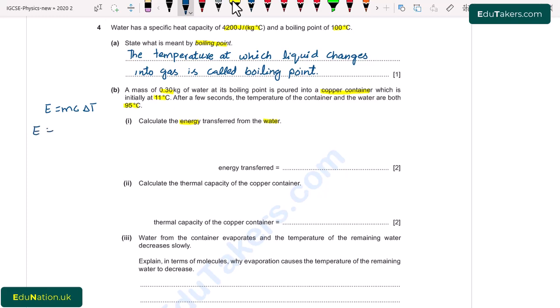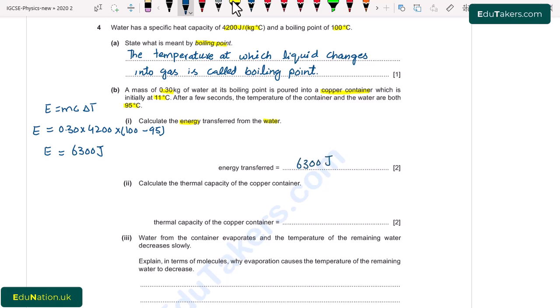After putting in values, the energy comes to be: mass is given as 0.30 multiplied by c, which is 4200, multiplied by the change in temperature, that is 100 minus 95 degrees C. So energy comes to be 6300 joule. So the energy that is transferred from the water is 6300 joule.